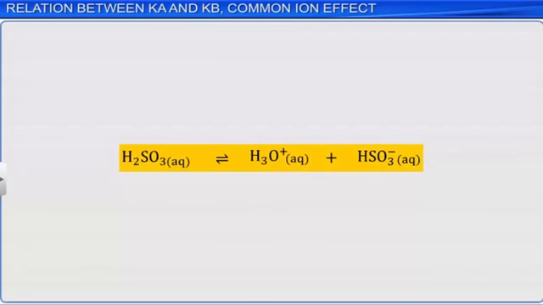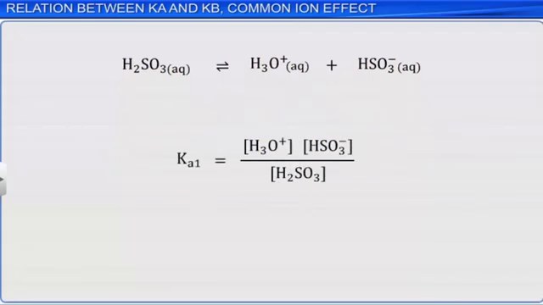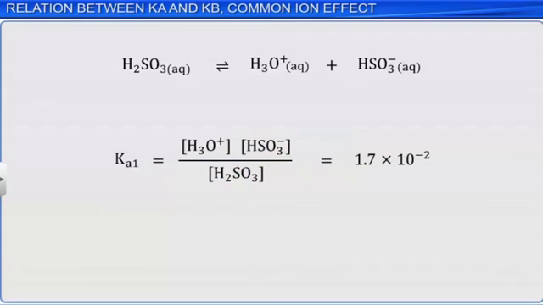The first acid dissociation constant, represented by Ka1, is equal to the product of concentration of H3O+ and HSO3- divided by concentration of H2SO3. Experimentally, its value is found to be 1.7 multiplied by 10 to the power of minus 2.